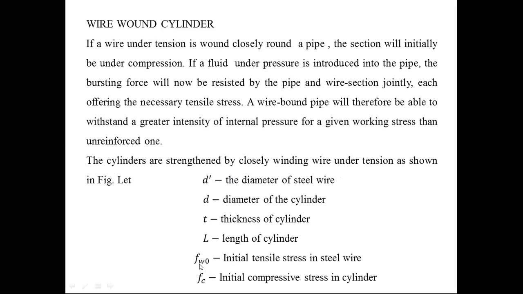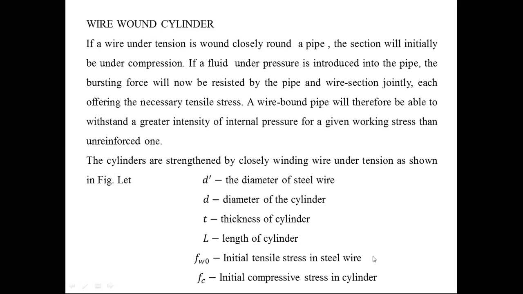So it is the stress in the steel wire, tensile in nature. Similarly, when this steel wire is wound upon the cylinder, the cylinder is subjected to an initial compressive hoop stress. That is called FC, the initial compressive stress in the cylinder.